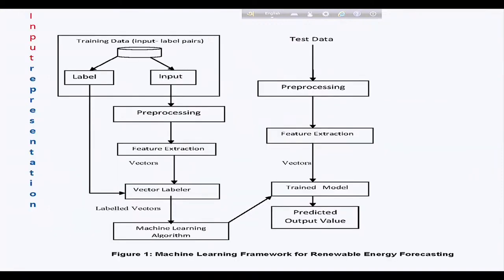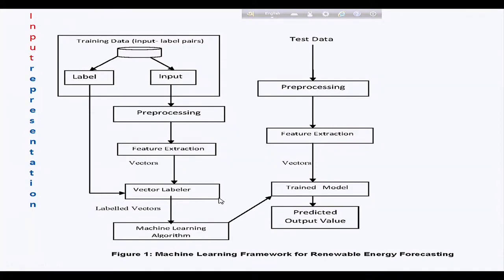Now I am going to a framework of a machine learning model, the traditional machine learning model. This is the training data set that you are providing to the model, and it is nothing but pairs of input and output. There is some preprocessing that should be done on the input. Then there is feature representation or feature extraction, the data is represented as input vectors, and the feature vectors should be labeled with the corresponding labels.